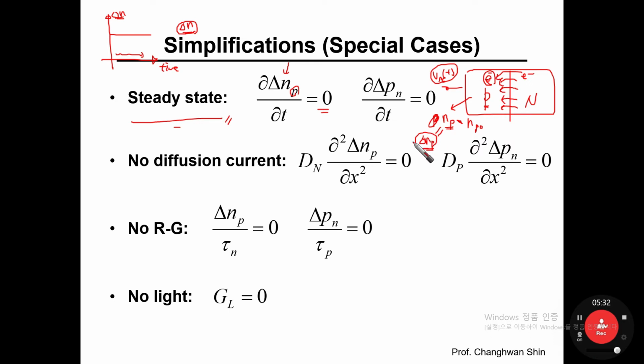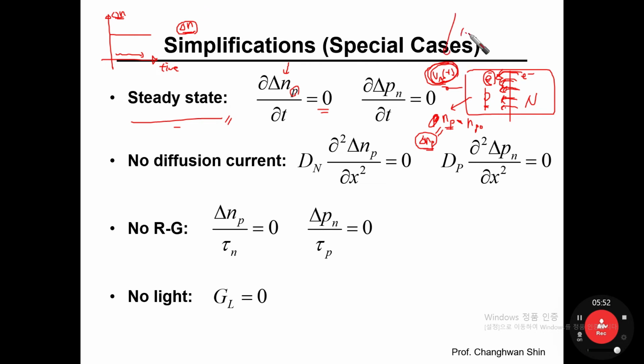To keep delta n sub p constant over time, the positive voltage applied onto the p side should be constant. Then a constant amount of electrons would be injected.